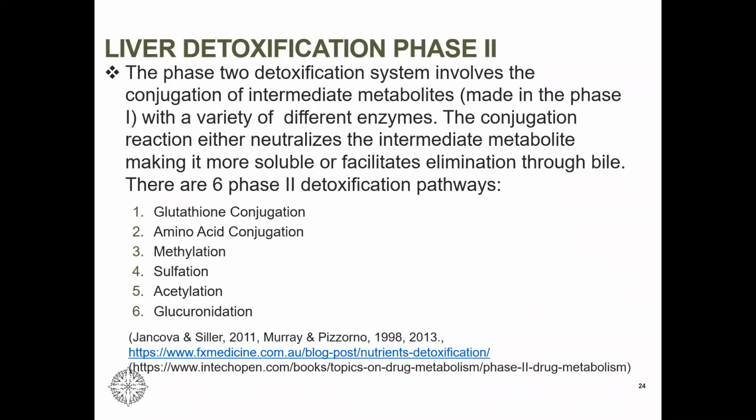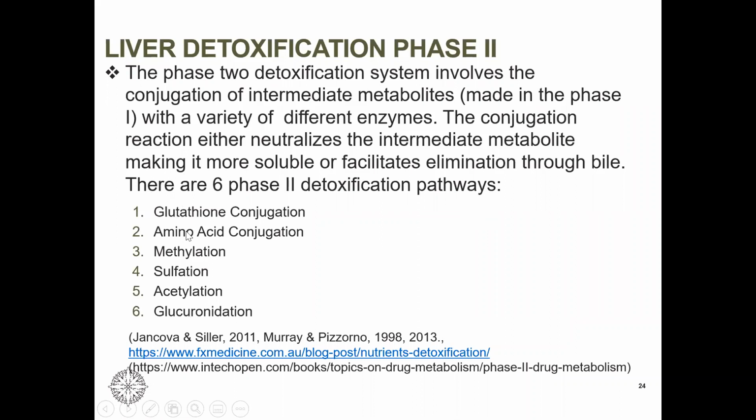So what it does is, in the second phase, the metabolites are tied to some compounds so that they can hold their hand and just throw them out of our system. So that's what we are doing. We are doing conjugation.